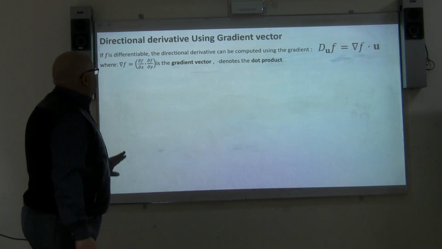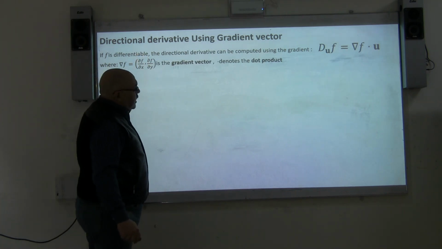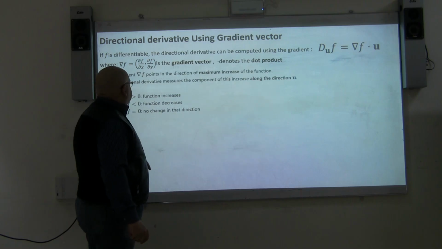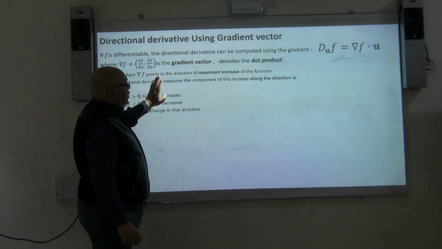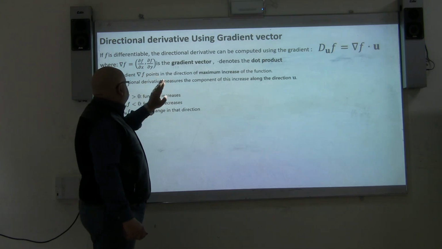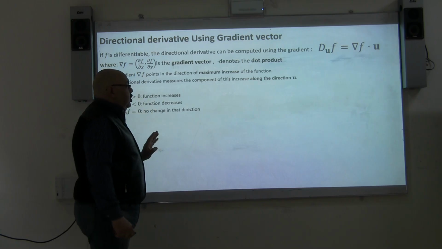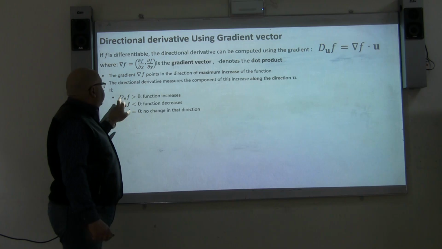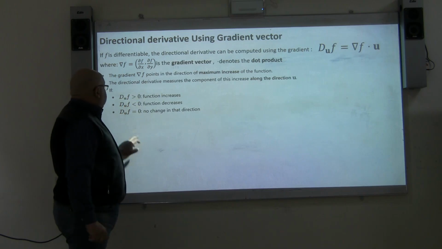The gradient vector we already know: partial f partial x, partial f partial y, then we do the multiplication. Mainly, the gradient of f points in the direction of maximum increase of the function. The directional derivative measures the component of this increase along the direction of u, which leads to: if D_u f is greater than 0, the function increases.